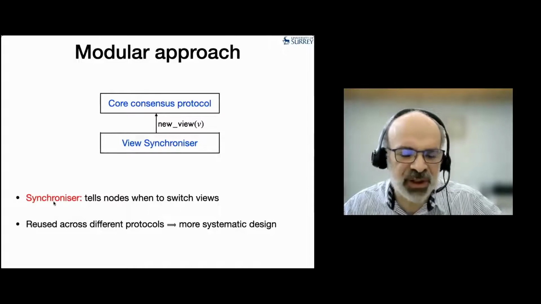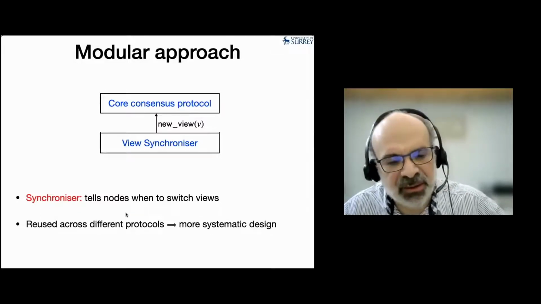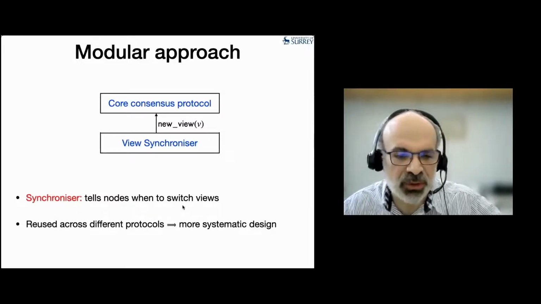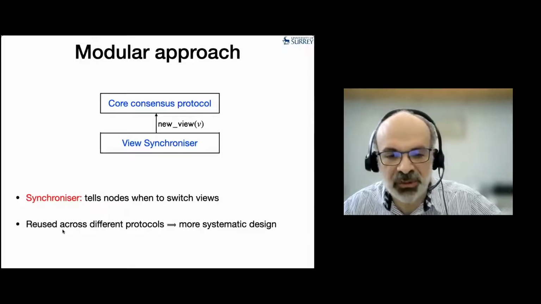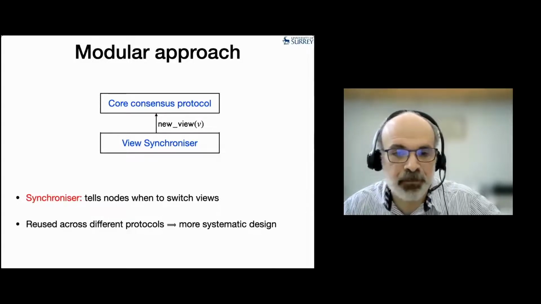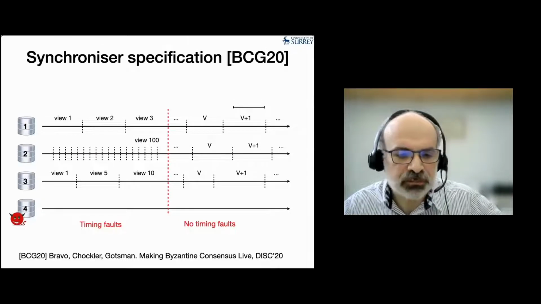Basically, what the Synchronizer does is tell nodes when to switch views. It turns out that this structure can be reused across many different protocols, and that leads to more systematic design. Here is an illustration of the Synchronizer specification.